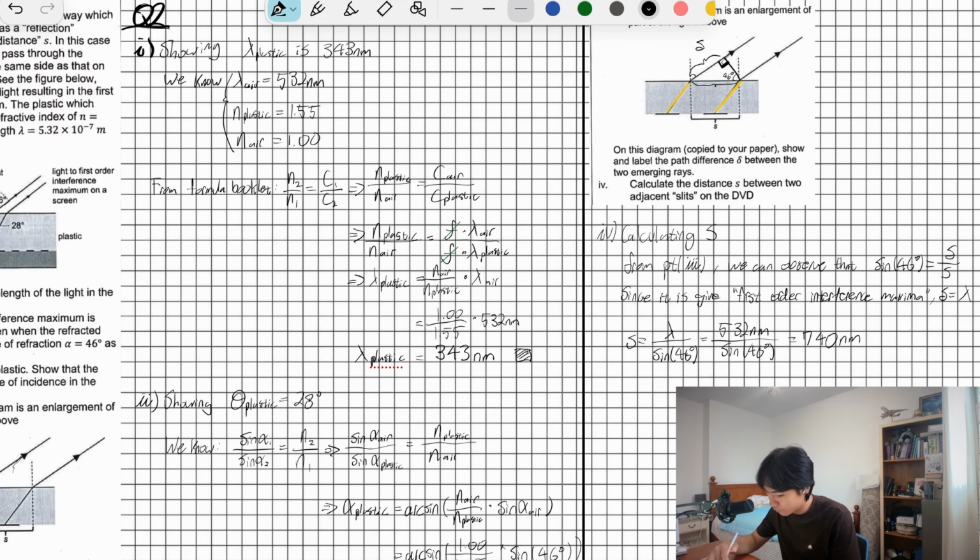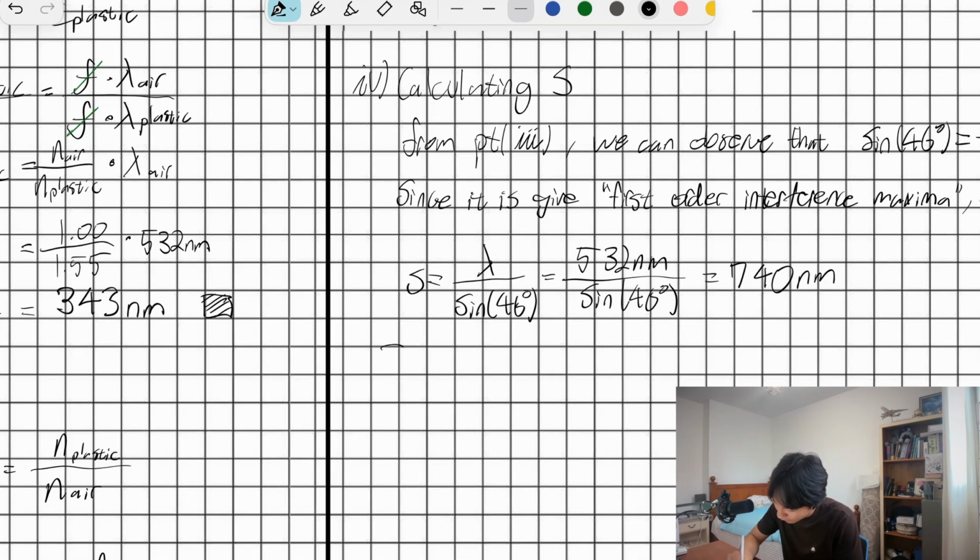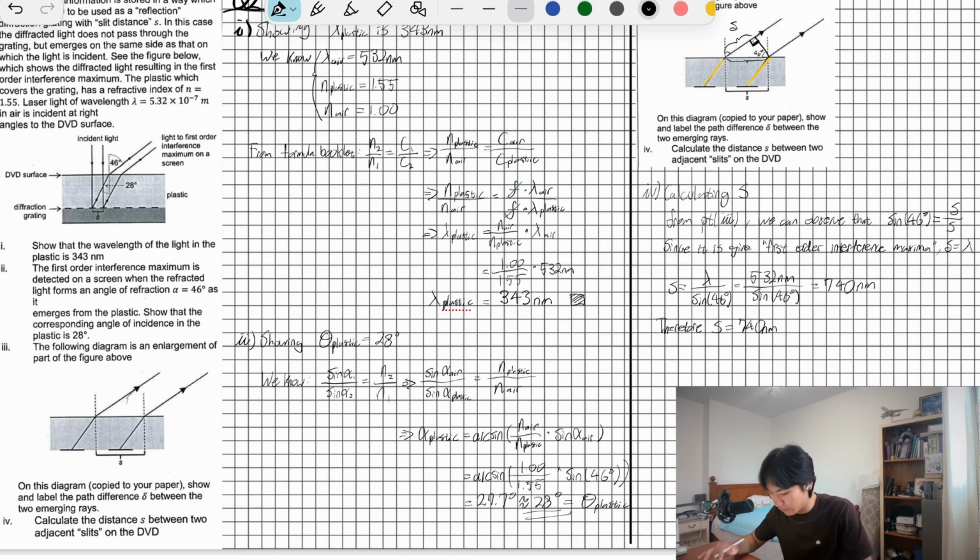So therefore the slit separation S must equal around 740 nanometers. And that is the end of this question.